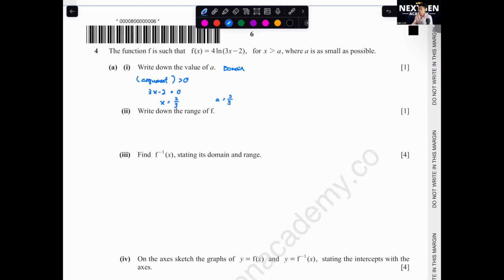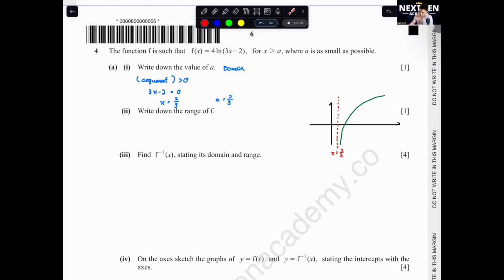Okay, the next one. Write down the range of f. When we do exponential and ln questions, we need to know exactly how the graph looks like, so you do a rough sketch. How does ln look like first? Like this, right? Right now, we know that the domain is more than 2 over 3, so this part here is x equals 2 over 3. This is your asymptote.